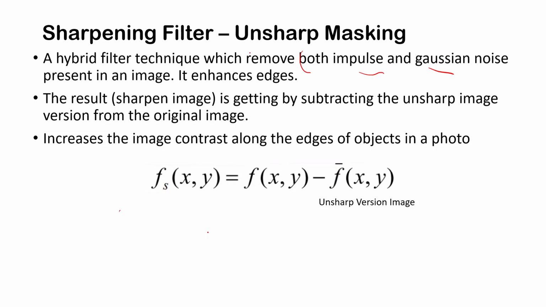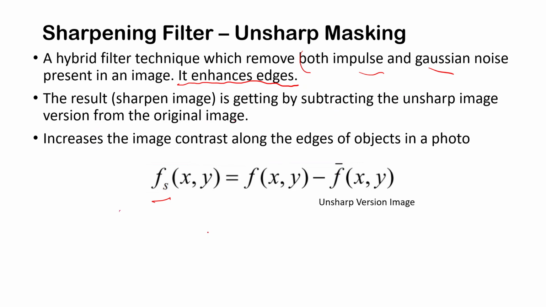Because the topic we're learning is about sharpening, using unsharp masking also enhances the edges. The result, which is the sharpened image, is obtained by subtracting the unsharp version from the original image.